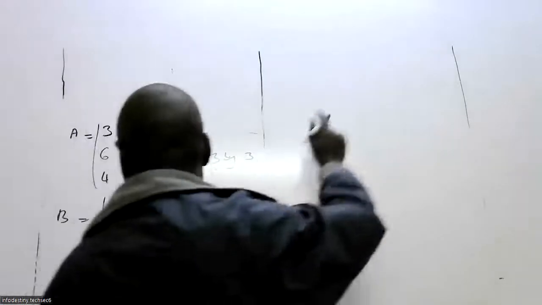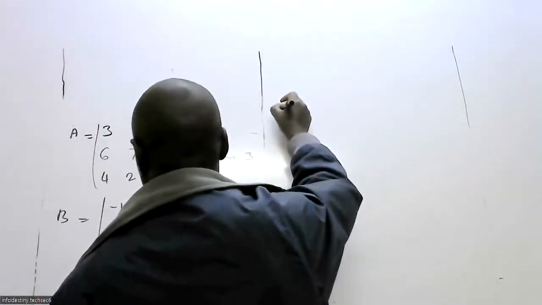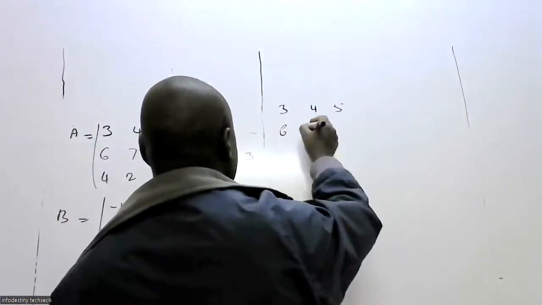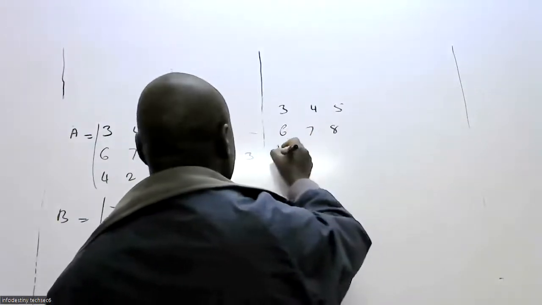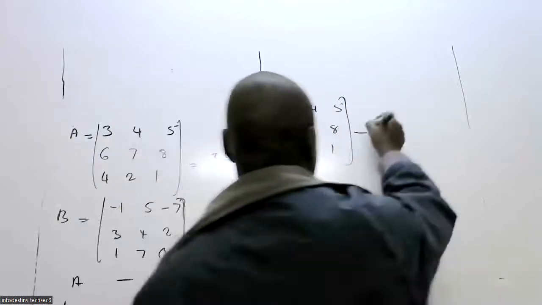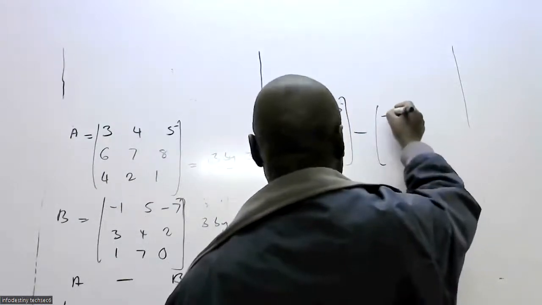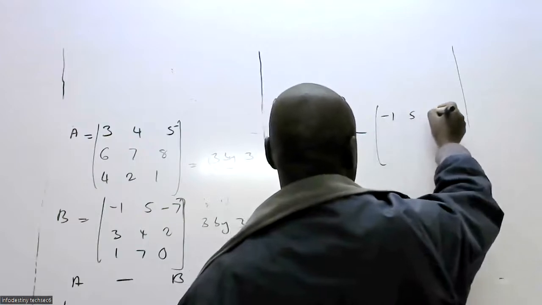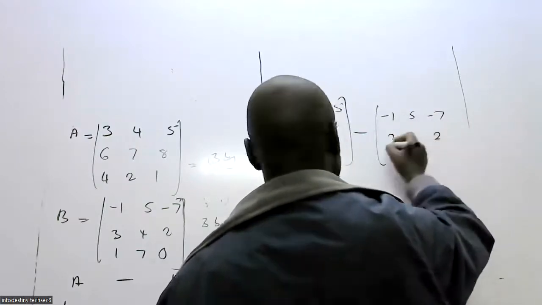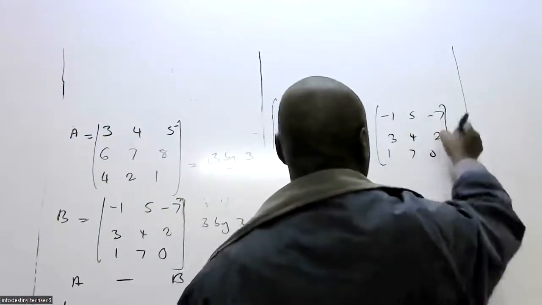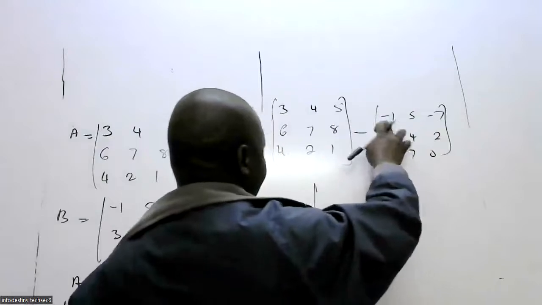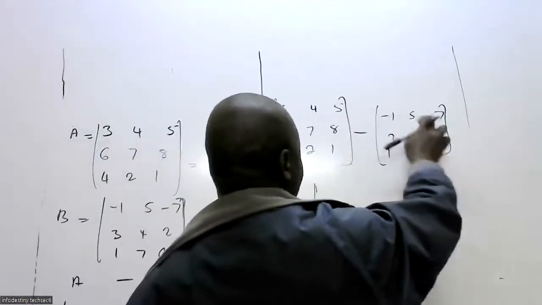That's going to be 3, 4, 5, 6, 7, 8, 4, 2, 1, minus -1, 5, -7, 3, 4, 2, 1, 7, 0. We take this minus this, this minus this, this minus this.